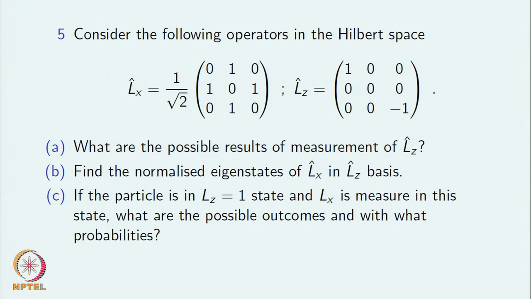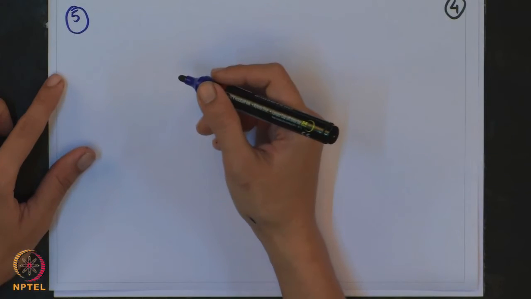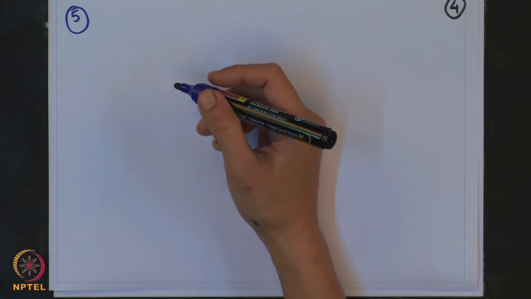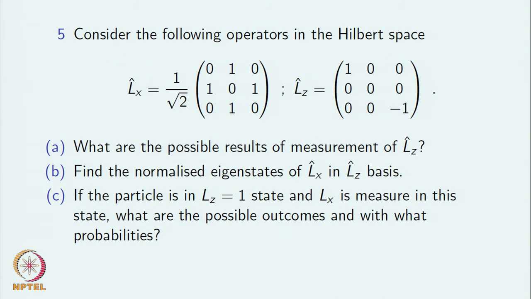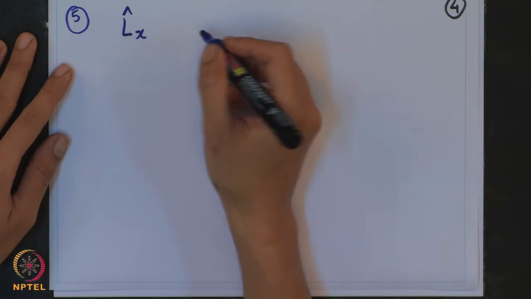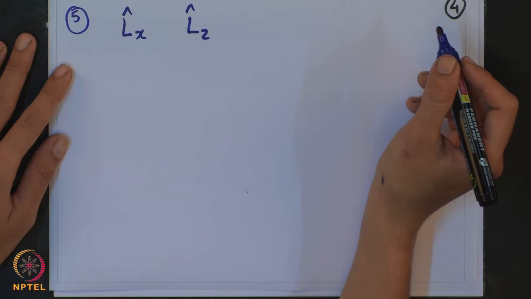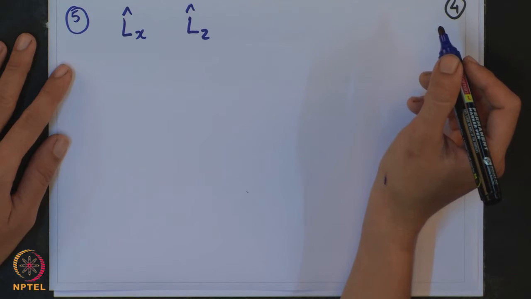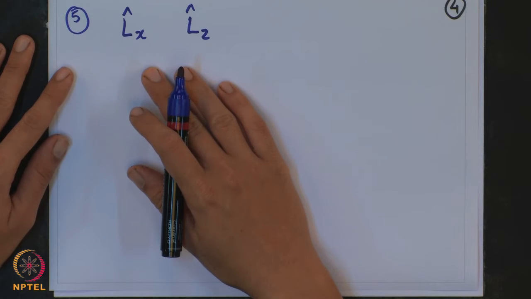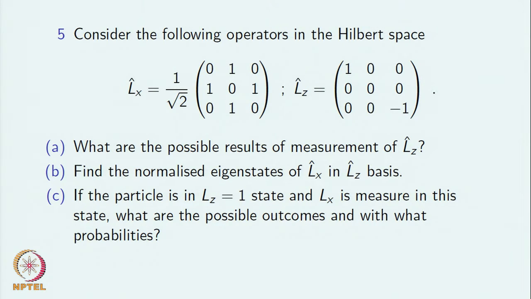Okay, the fifth problem is based on the orbital angular momentum operators Lx and Lz. Since the first tutorial we have been calculating eigenvalues and eigenfunctions, the wave functions.